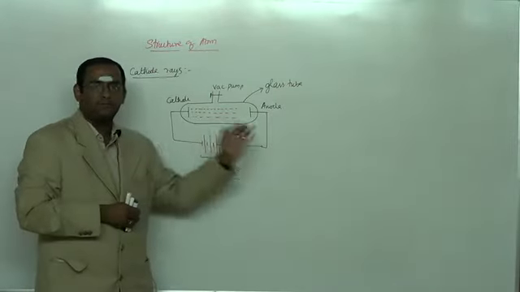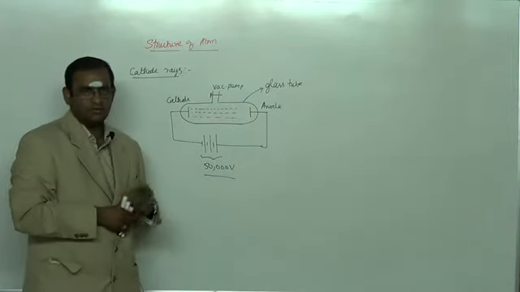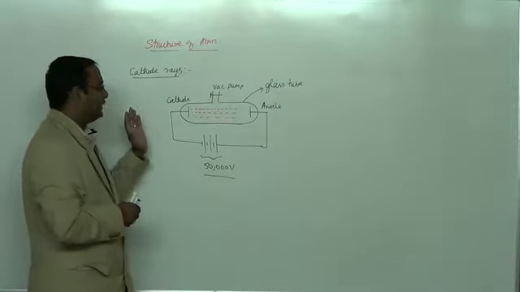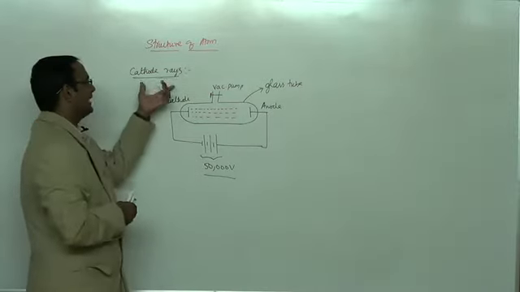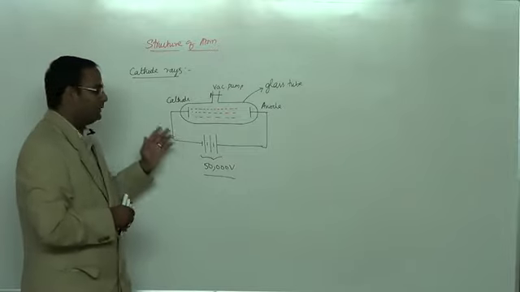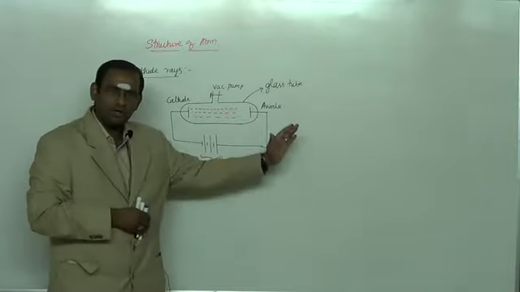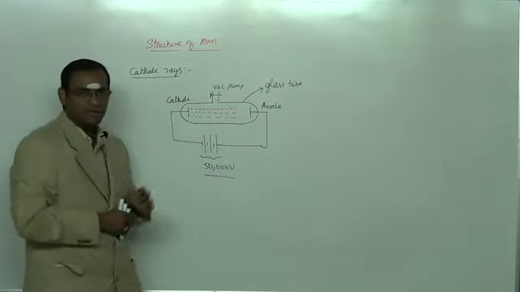This stream of particles which travel from cathode to anode inside the tube, they are called as cathode rays.